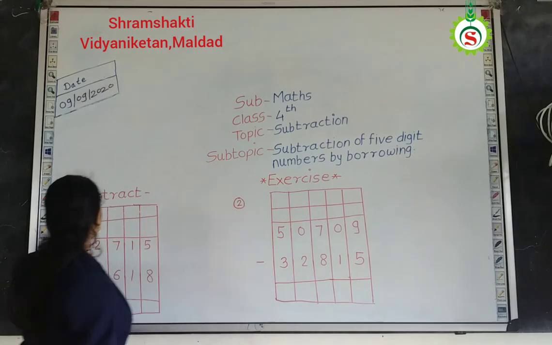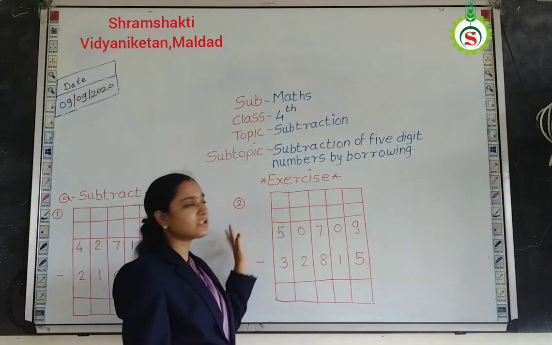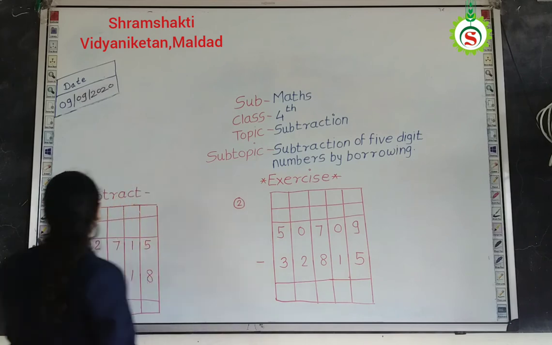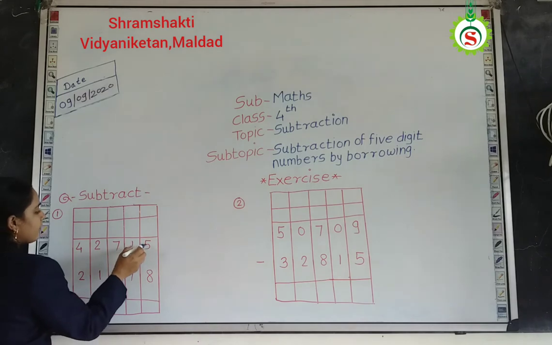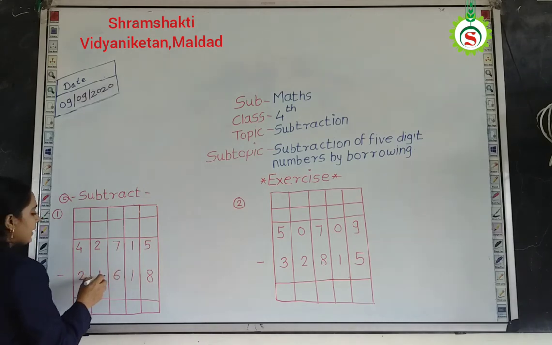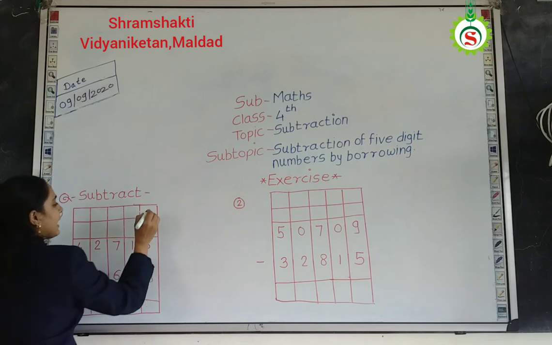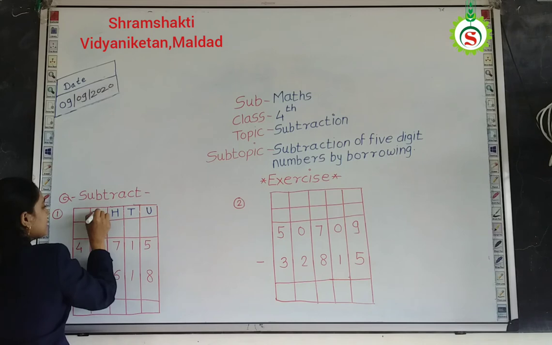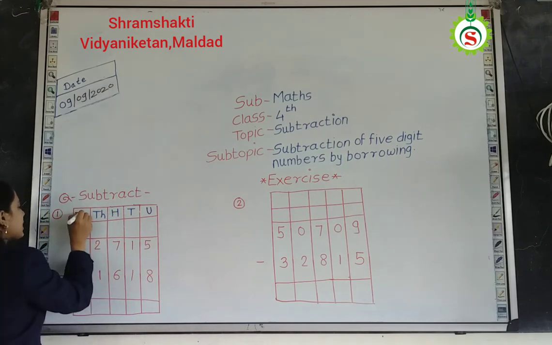So see here, 2 examples are given. I entered 2 examples from the exercise here, and the remaining examples you have to solve at home. So students, see here, 10,000.